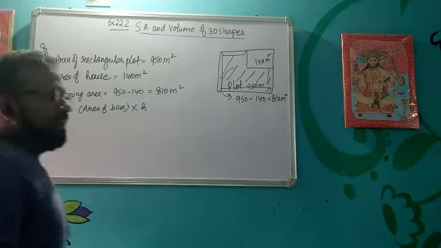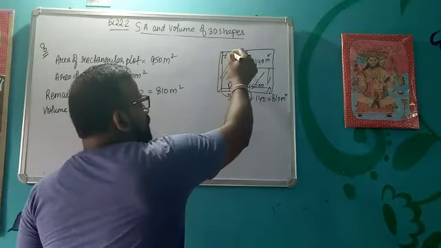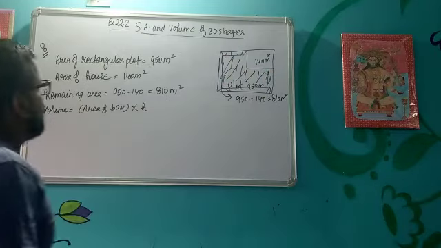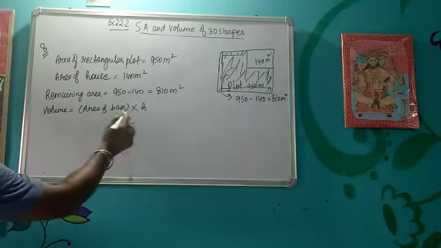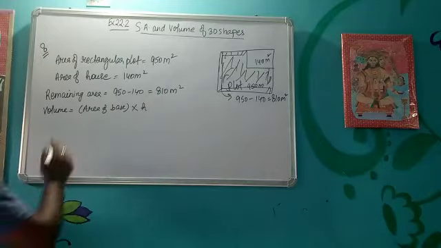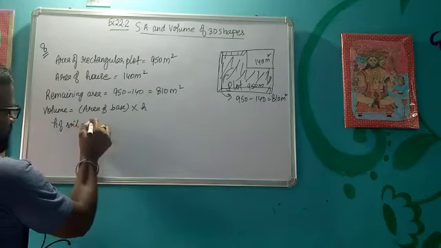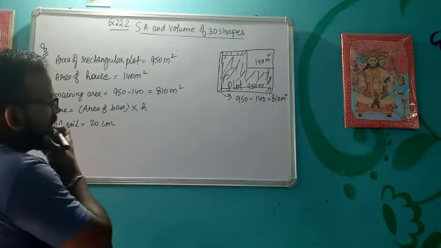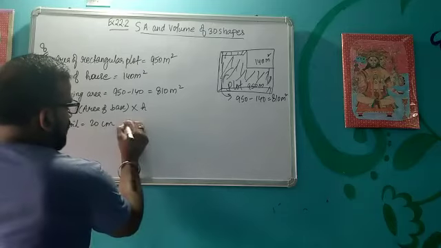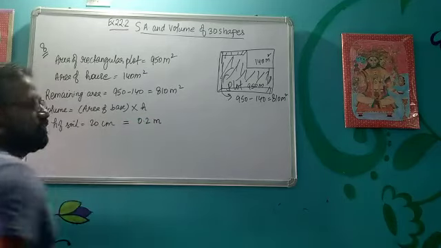Okay, so meter cube of soil means you have to calculate the volume of this soil which has to cover this remaining area. So for that, the area of base is with us, this is 810, and the height of soil is given as 20 centimeter. So our area is in meter, our height is in centimeter. We will convert it into the meter, it becomes 0.2 meter.